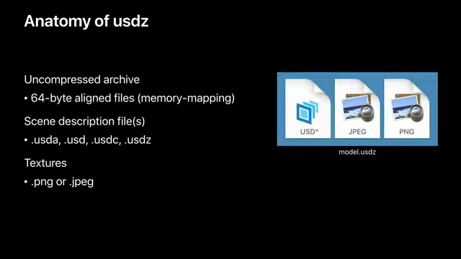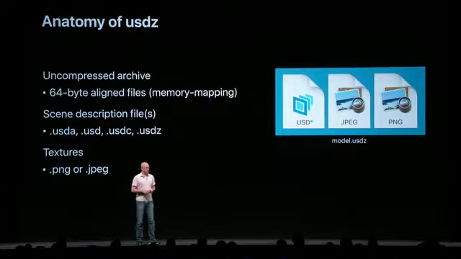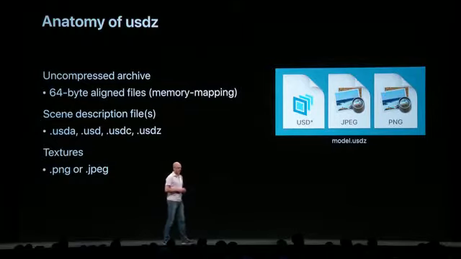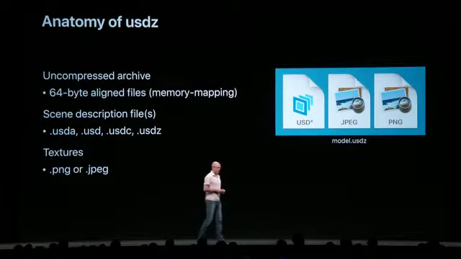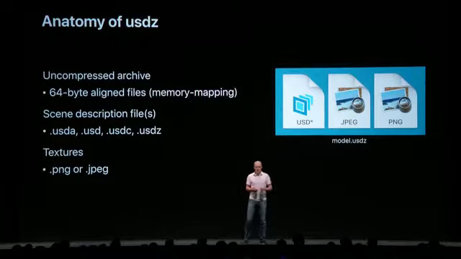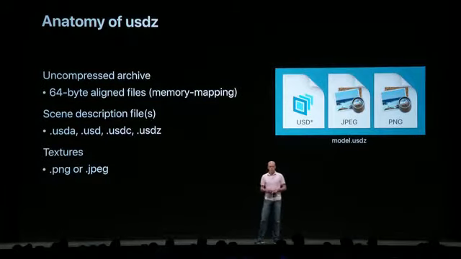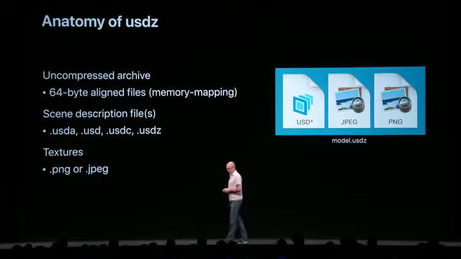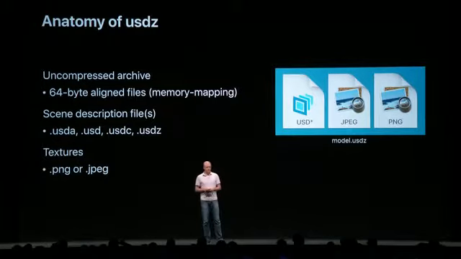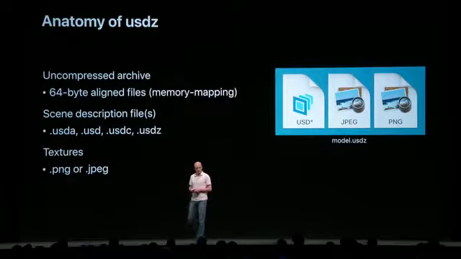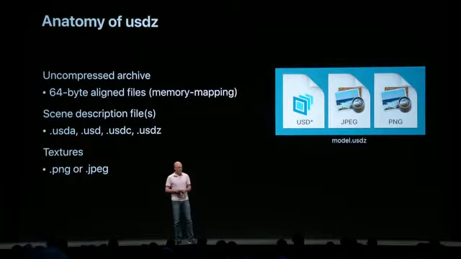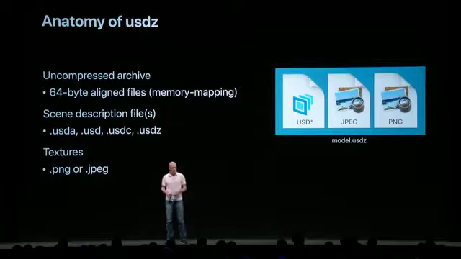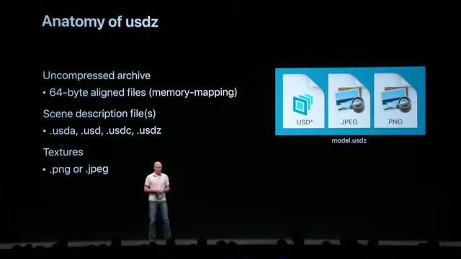If you look at the anatomy of a USDZ file, we'll see that it's an uncompressed zip archive, where all the contained files are aligned to 64-byte boundaries for most efficient memory mapping. There's 2 types of files contained in a USDZ archive. The scene description files in USDA, USD, or USDC, or even USDZ format, so you can have nested archives, and a set of textures currently in PNG or JPEG format.